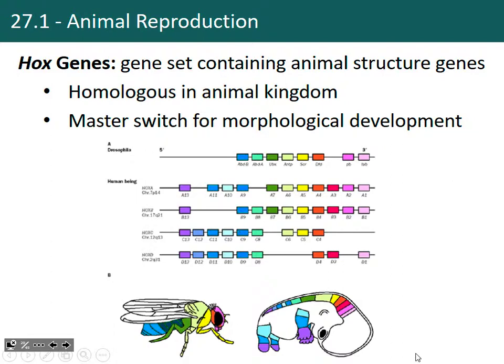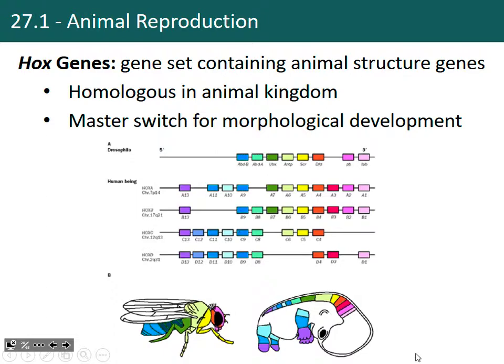And so this picture is just showing you Hox genes on a single chromosome in a Drosophila fly, and then on 4 separate chromosomes in a developing human embryo. And the color coding shows you where the gene is the same. And so this pink gene is found on the Drosophila, and on 3 of the human chromosomes is a gene that's analogous to that, that's controlling similar things.